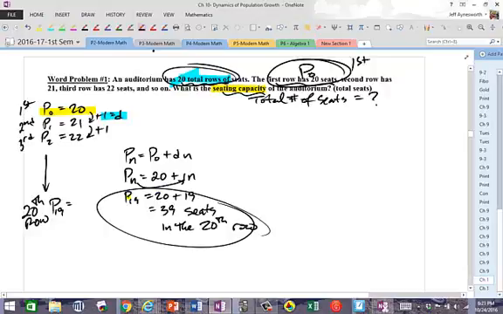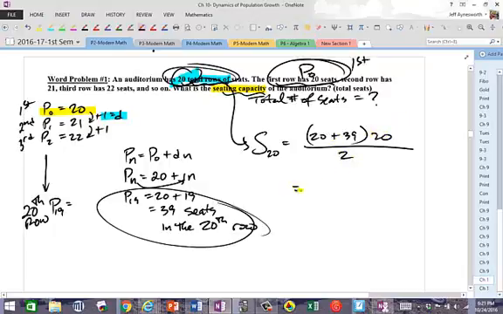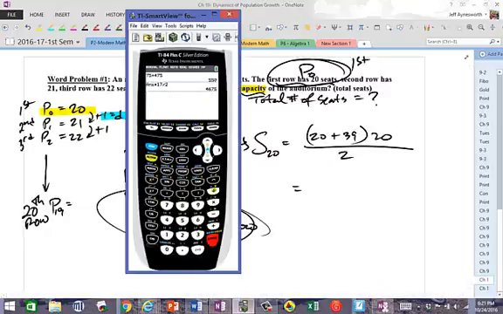So I need to find S sub 20. I know there's 20 rows total. So that's first plus last. The first one is 20 seats. The last one is 39. I multiply by how many terms there are in the sequence, which is 20, and then divide that by 2. So let's figure that out as we always do. 20 plus 39, and then you have to multiply that by 20.